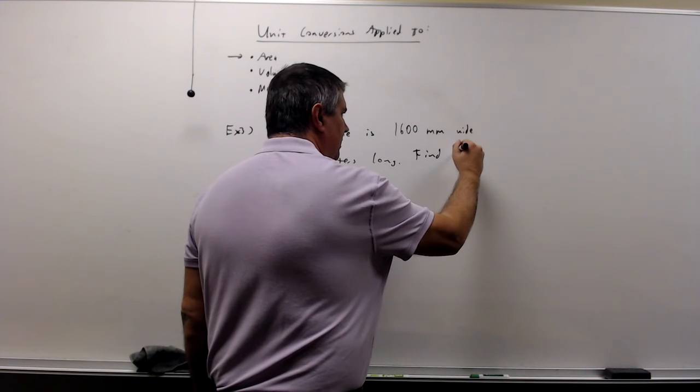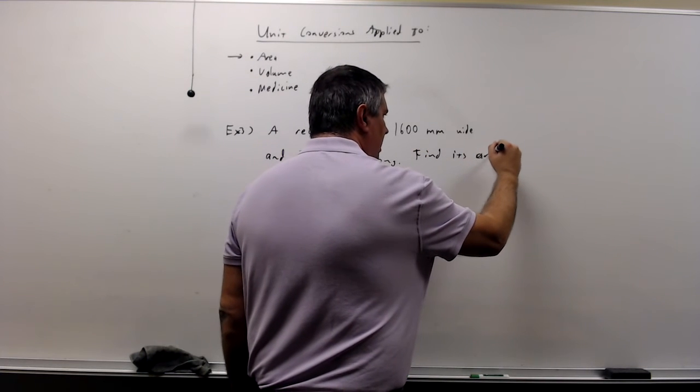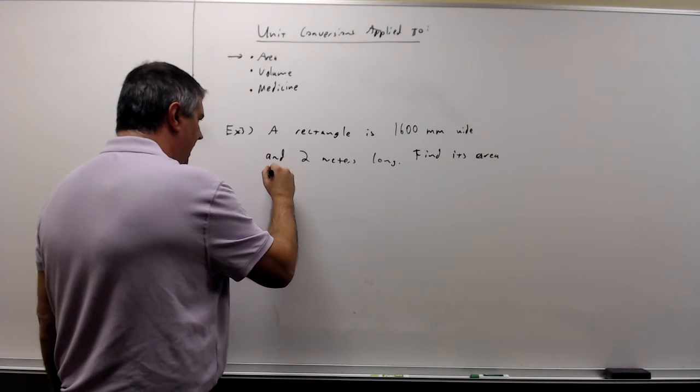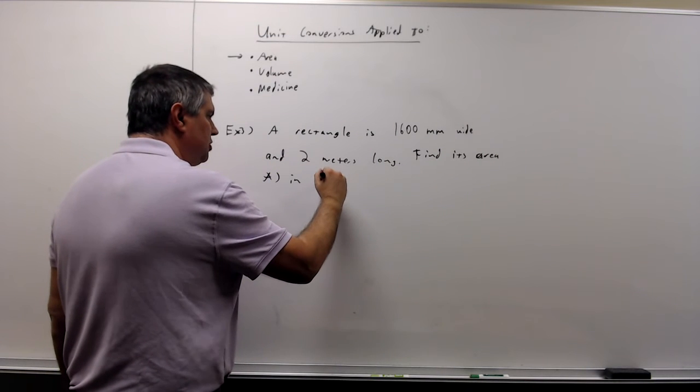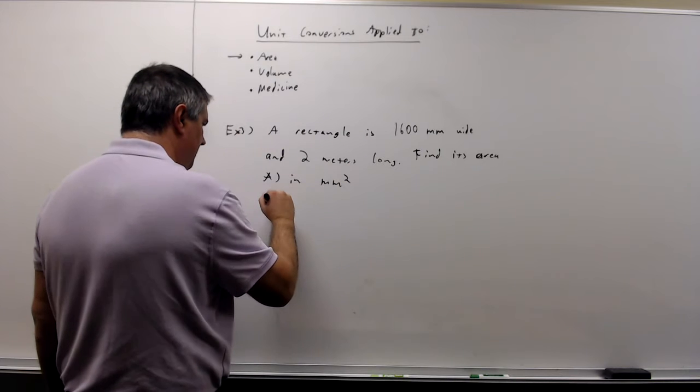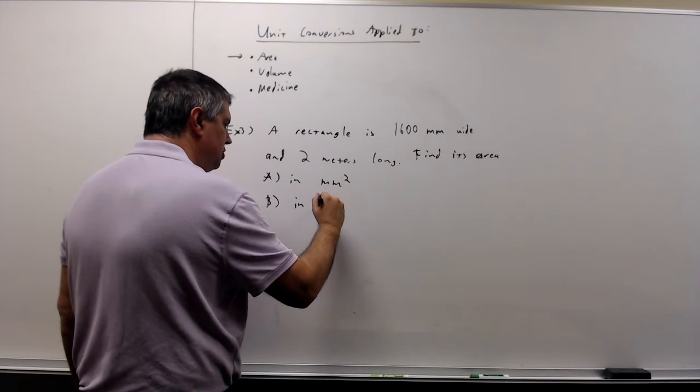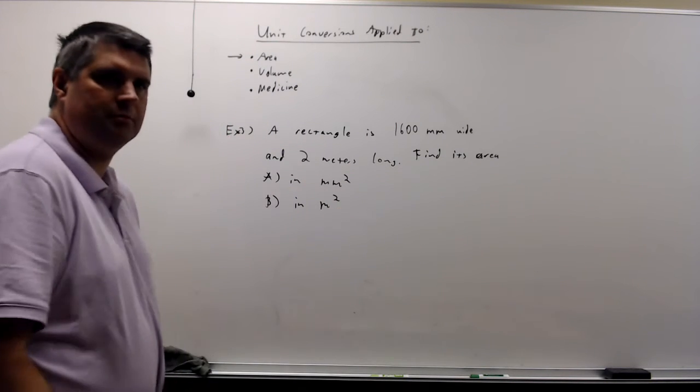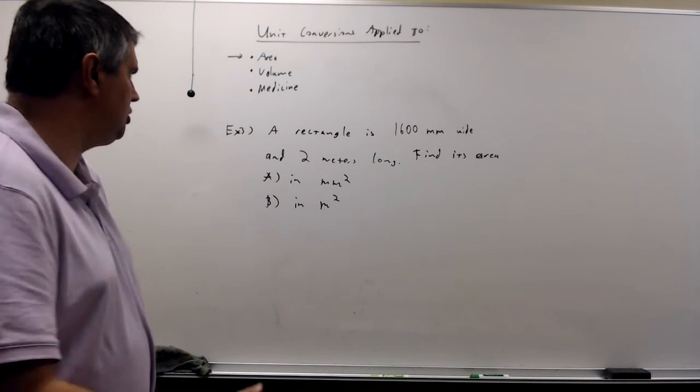Find its area, A, in square millimeters, B, in square meters. Okay? Do.